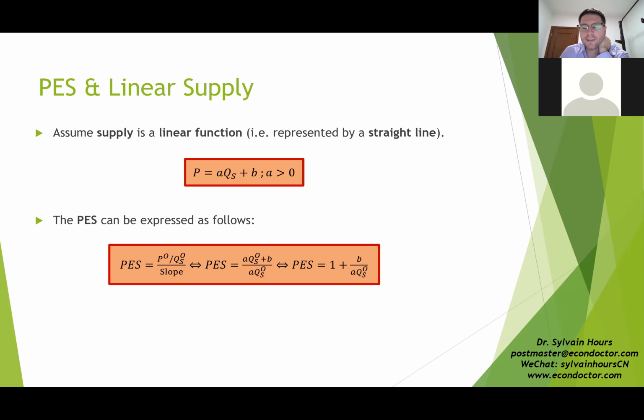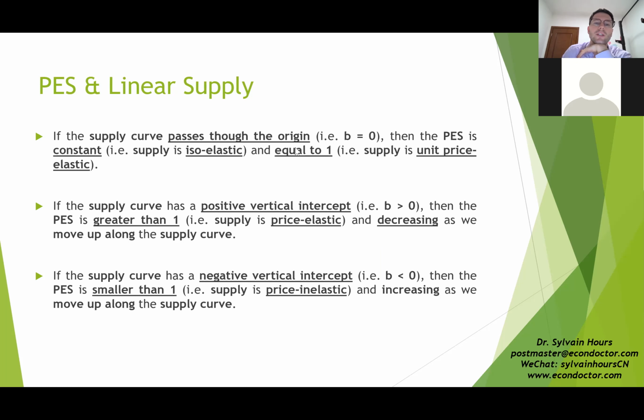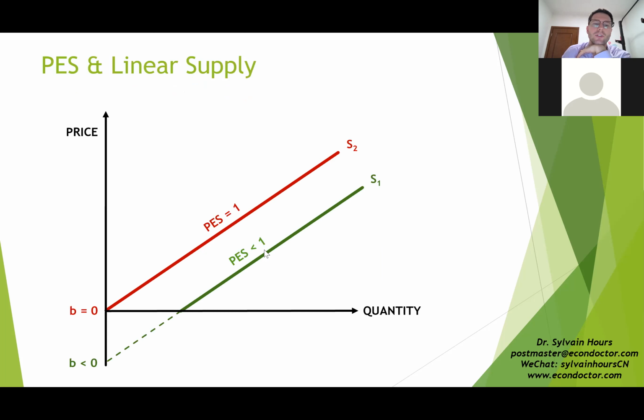But so you see, that's just stupid, right? There is nothing to understand. You can show it, but there is nothing to understand in terms of economic intuition. So just show them the summary of what they must know, and just say, look, it cuts the vertical axis above 0, it's elastic, and the PES is decreasing.